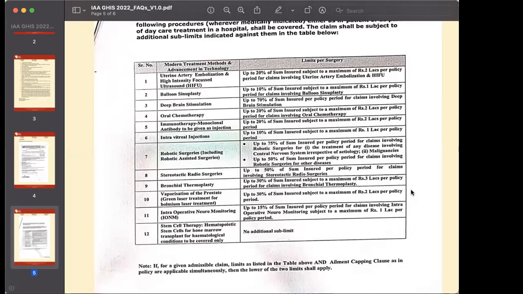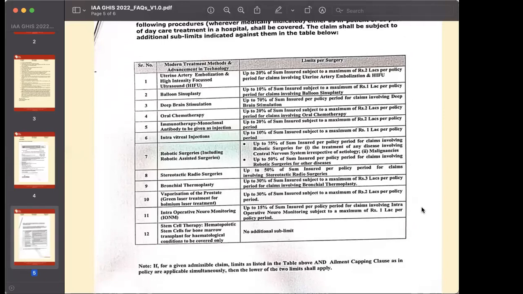Yes, please. So, sir, what you are seeing on the screen are the modern treatment methods. If you have a corporate policy, either it will not be covered, it will be written specifically, or it will be covered with the limits given here.